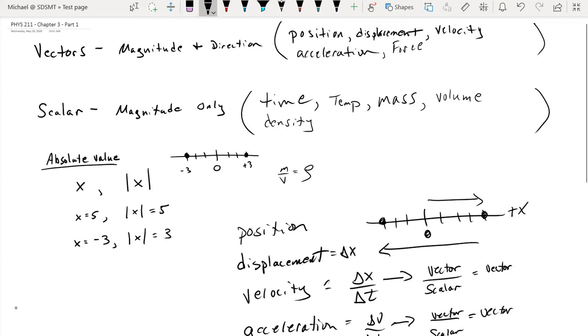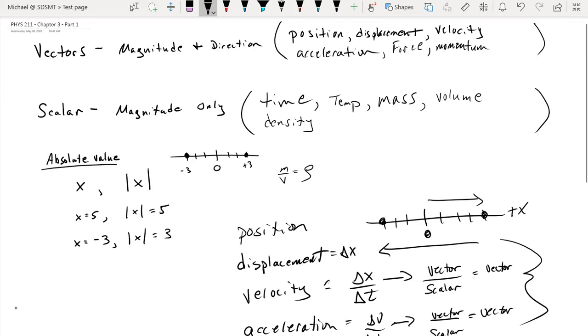We can have momentum. Momentum is also going to be a vector. Momentum is actually a combination of mass and velocity, but as we've seen down here, when we start combining vectors and scalars, we just end up producing another vector.